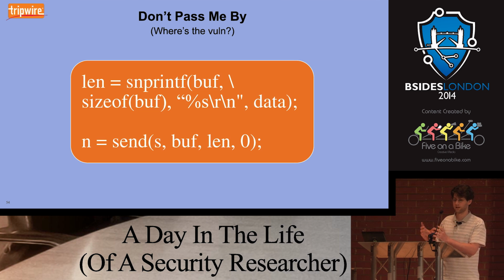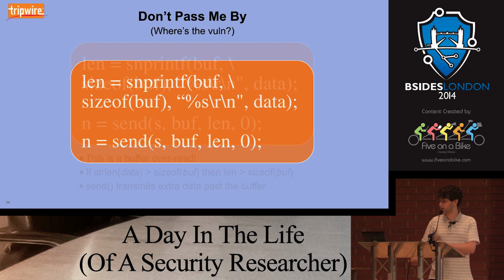It's only going to write the size of buff into there. Any other guesses? It doesn't put the null terminator in there? Yeah, there could be something with that. That's not actually the particular vulnerability that I've found in this.